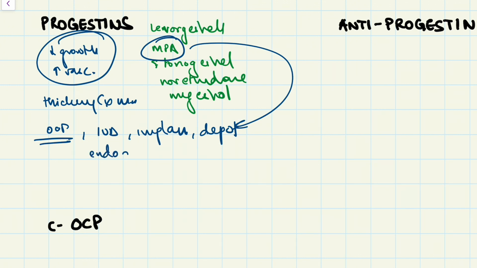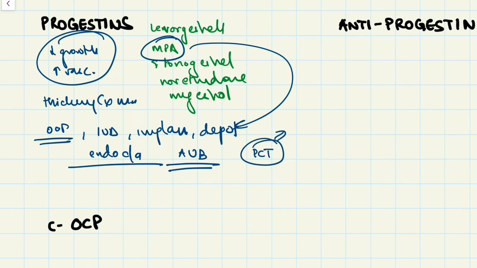Then it can be used in endometrial cancer, as progesterone causes endometrial atrophy, and in abnormal uterine bleeding. Progestins are also used in the progesterone challenge test, which is used to detect secondary amenorrhea, right? And it can also be used in chronic anovulation without estrogen.